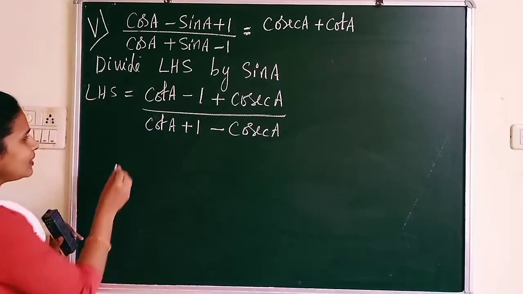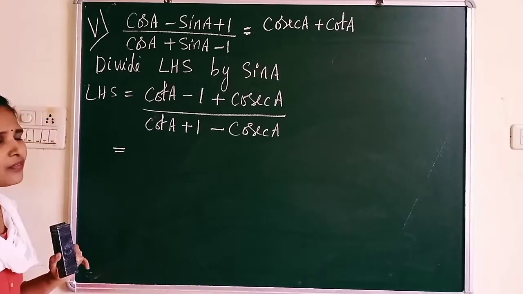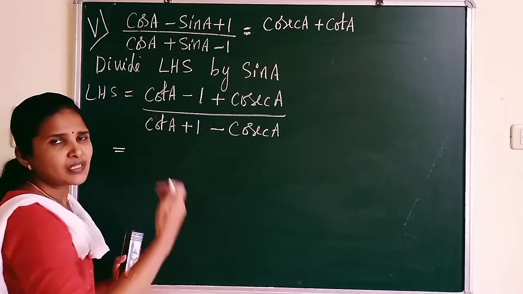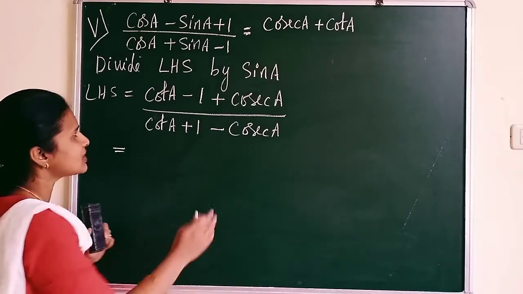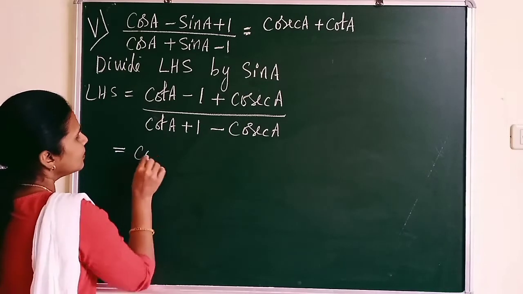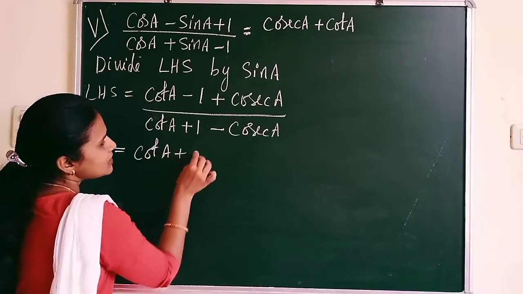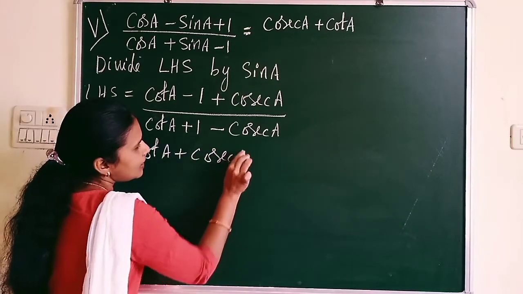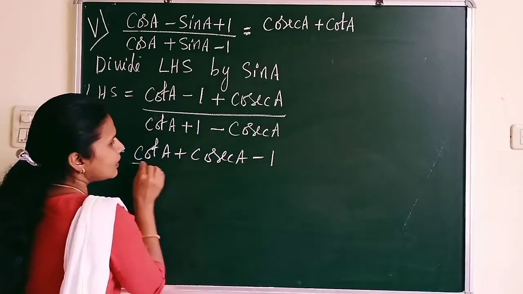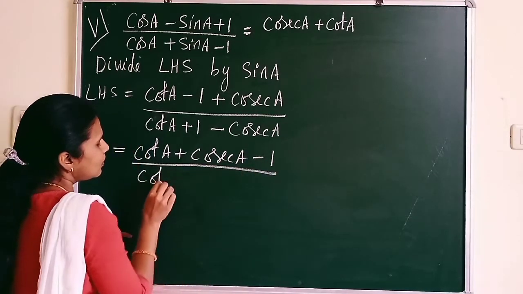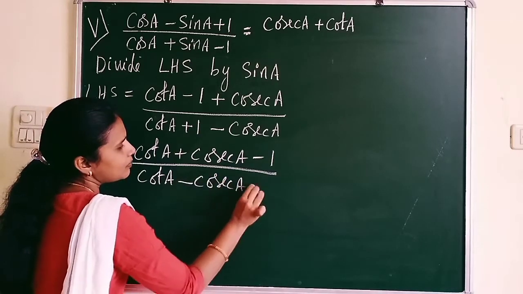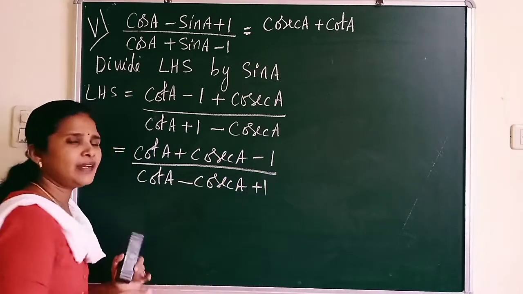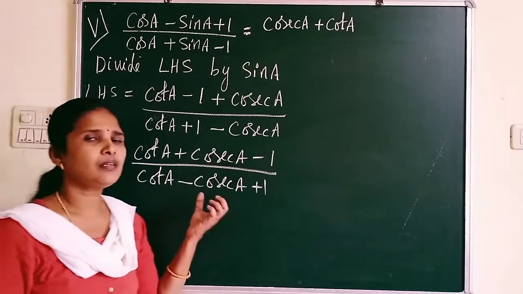Now let us rewrite this, since I am going to use a trigonometric identity, writing the 1 at the last: (cot a plus cosec a minus 1) divided by (cot a minus cosec a plus 1). Nothing I did here, I just rearranged the terms.